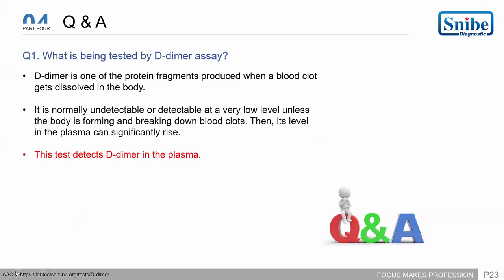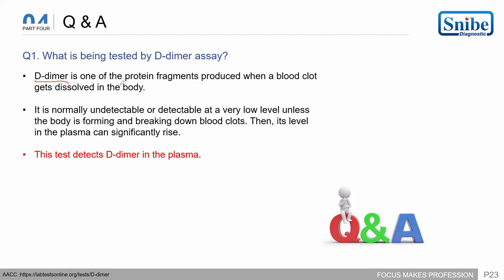Now, if we go to the question and answers, we ask what is being tested by the D-dimer assay. As you know, the D-dimer test is done with plasma, so it is very important during installation of this assay at any customer site that the sample type plasma is recommended.